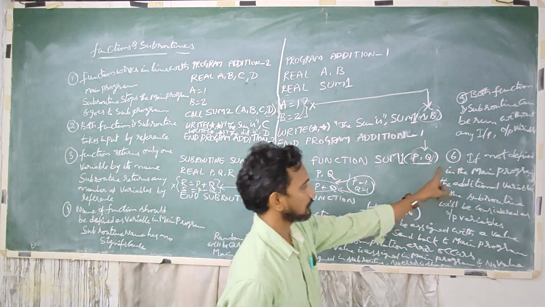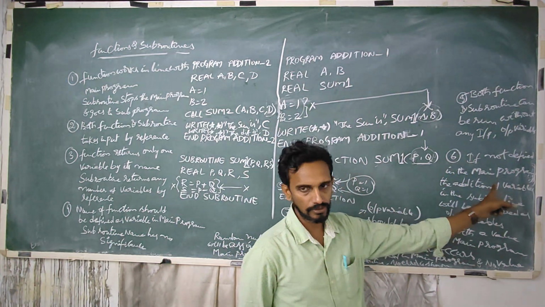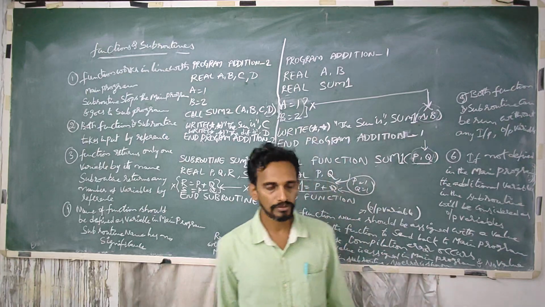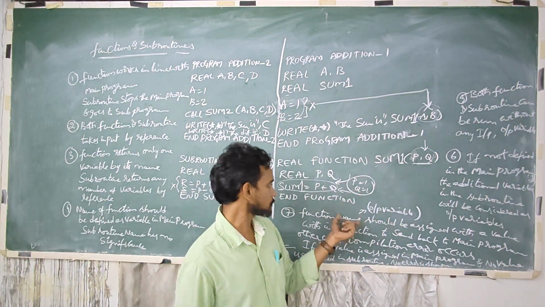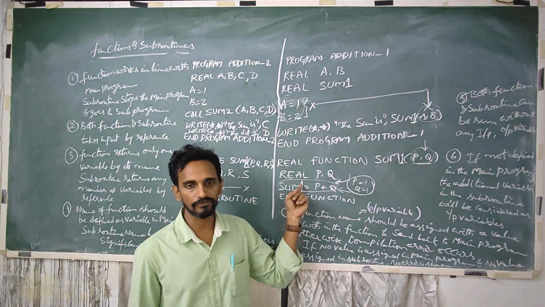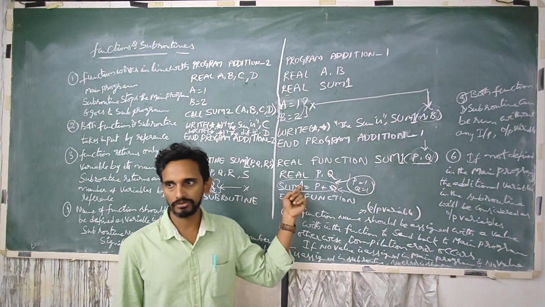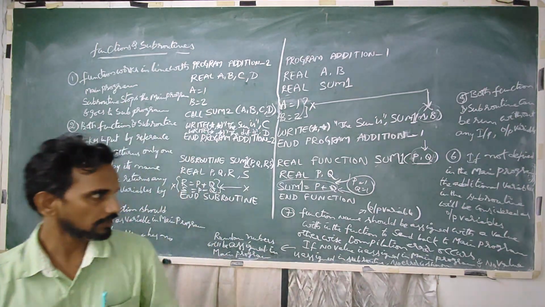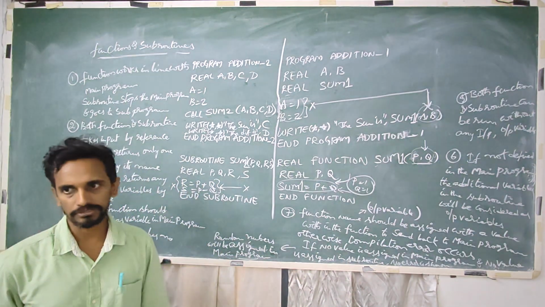Whereas a function returns only one value, and that is also by its name. So it will stop and show an error if you do not assign any value to the name of the function. These are the main differences between functions and subroutines.